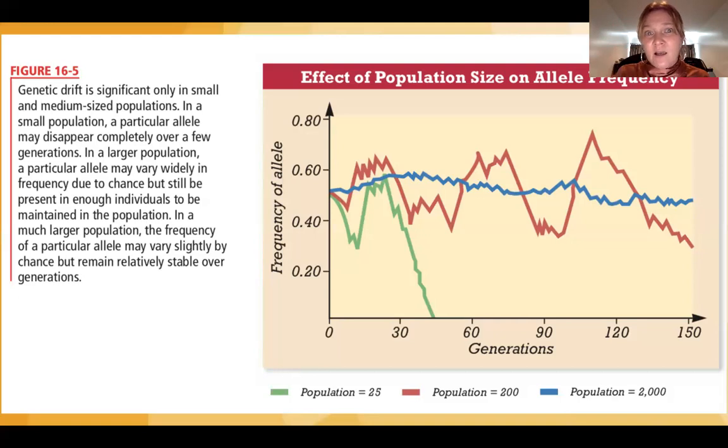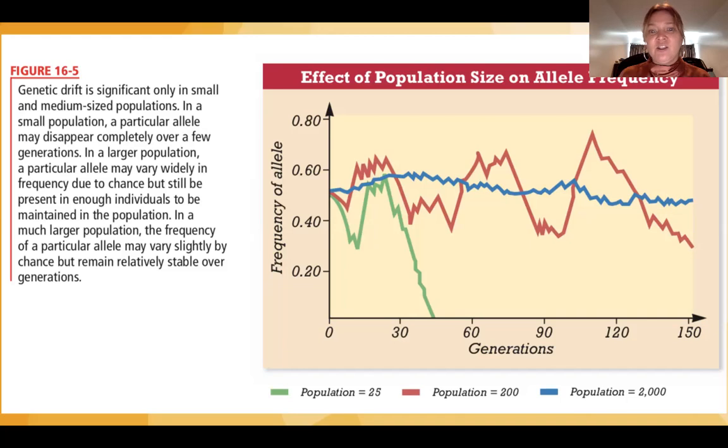So this chart is in your books somewhere. I don't know what page it's on, but this is a really good graph of how genetic drift affects different size populations. So the green line, we have a population of 25, red is 200, and blue is 2000. And you can see over 150 generations what genetic drift effect can have.